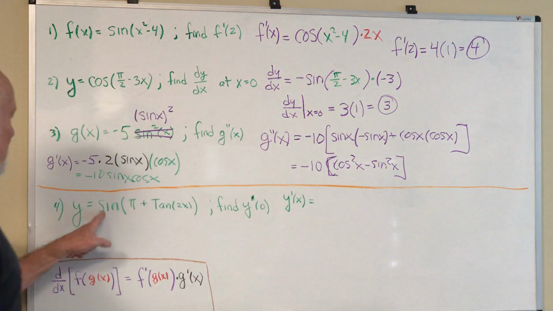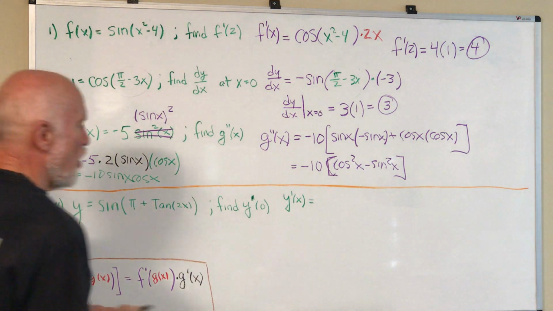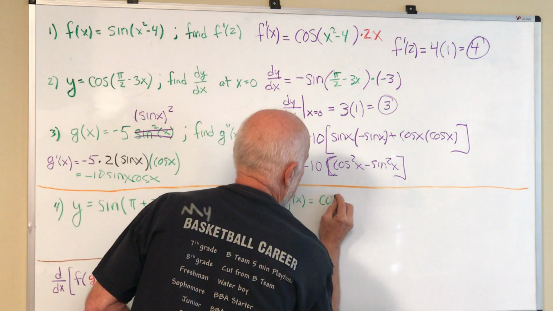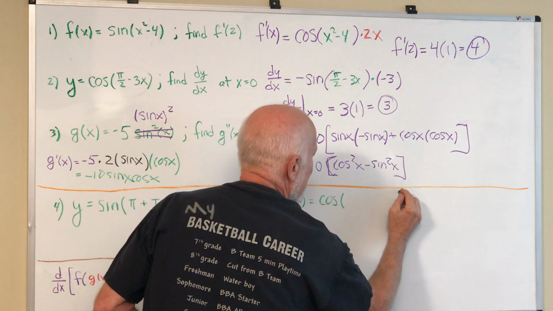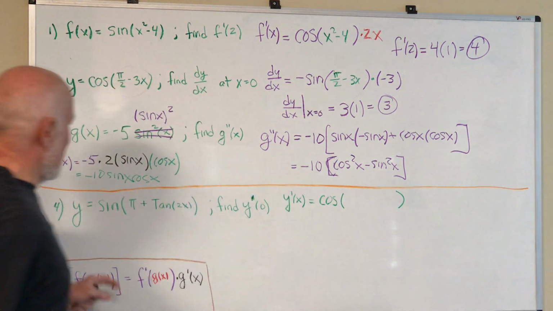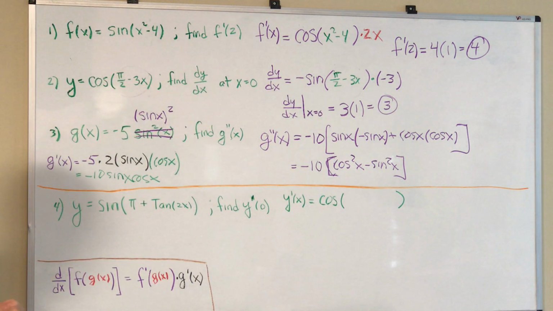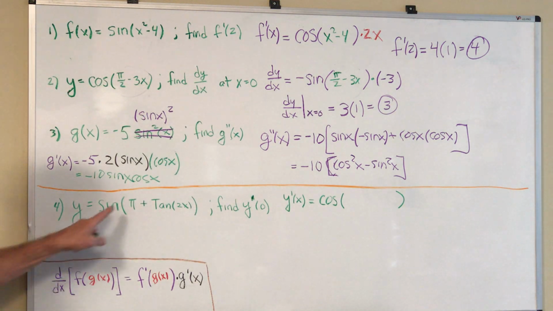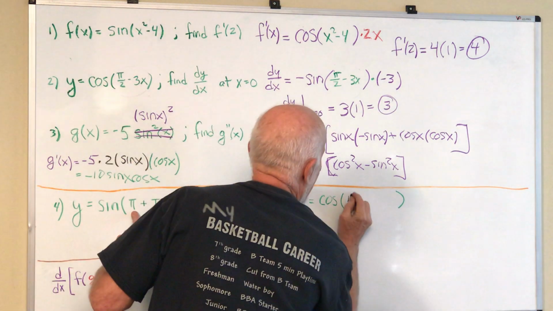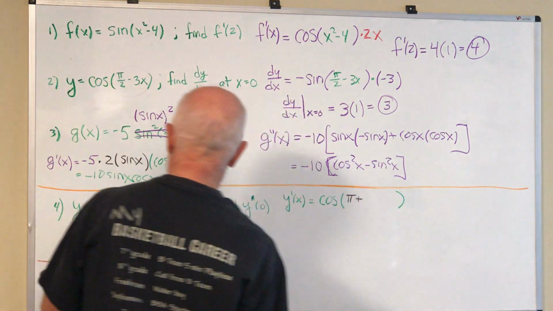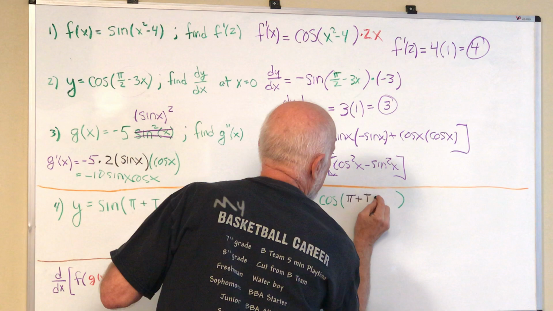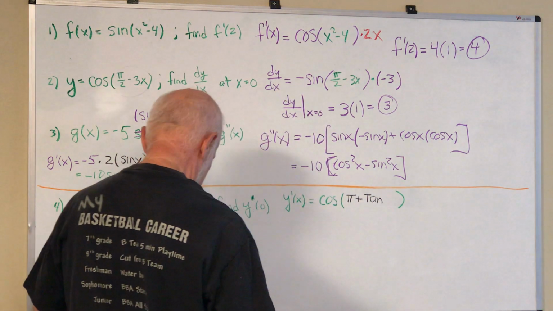The derivative of the sine is the cosine. But it's not the cosine of x, it's the cosine of this other function. So I'm going to write that in a different color. Pi plus the tangent of 2x.